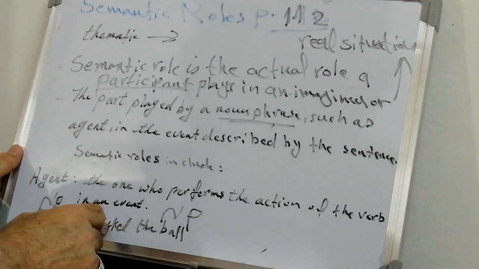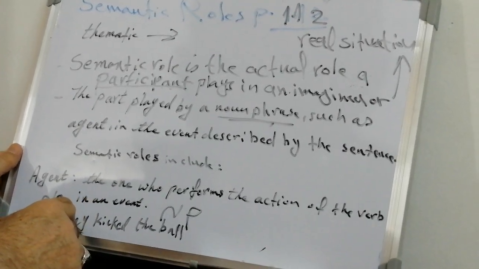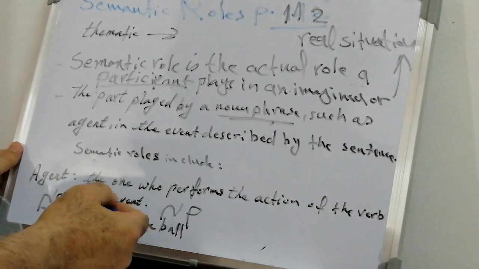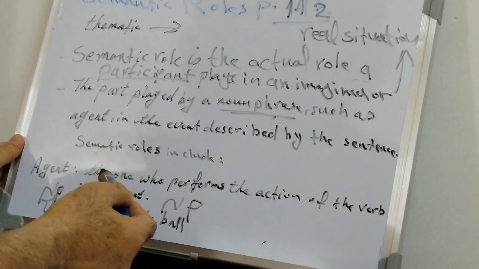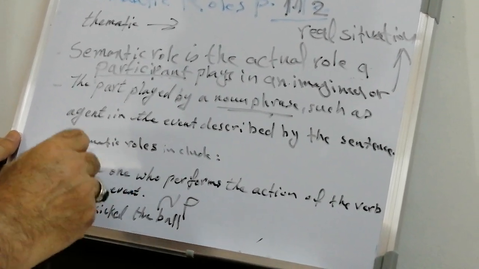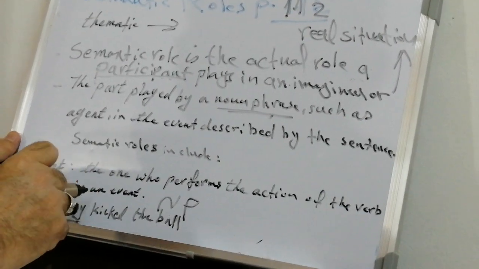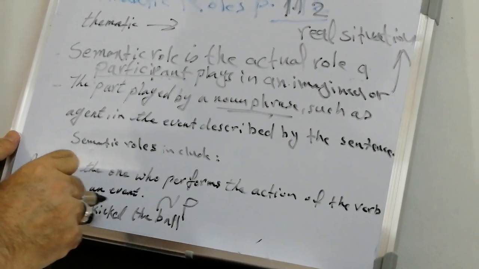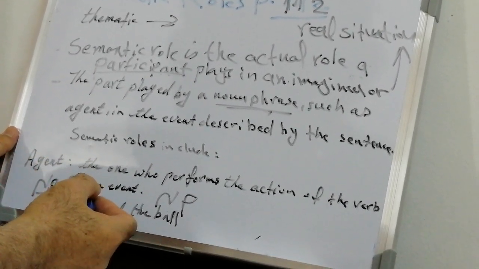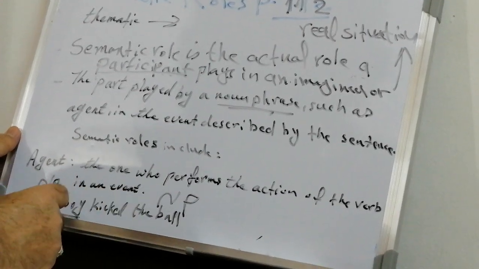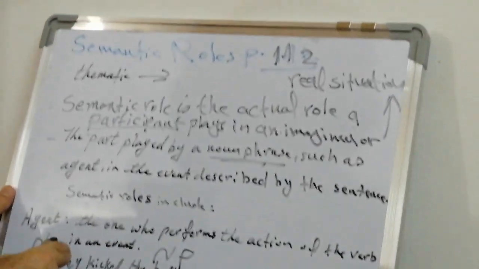When we say event, this means that there is an action, and the action is in the verb. Now, who performs this action? Who does it? Who makes it? We call that the agent.